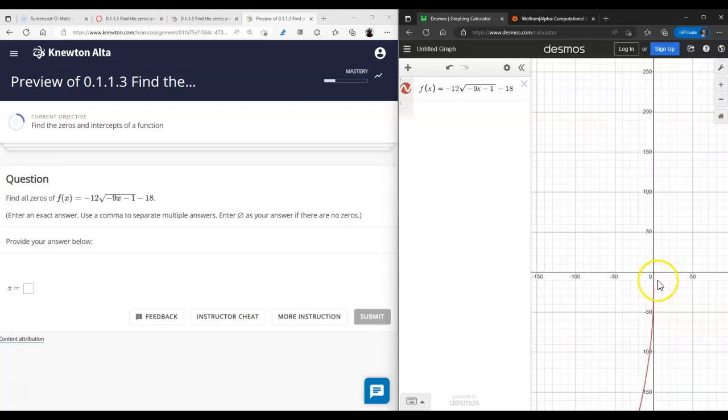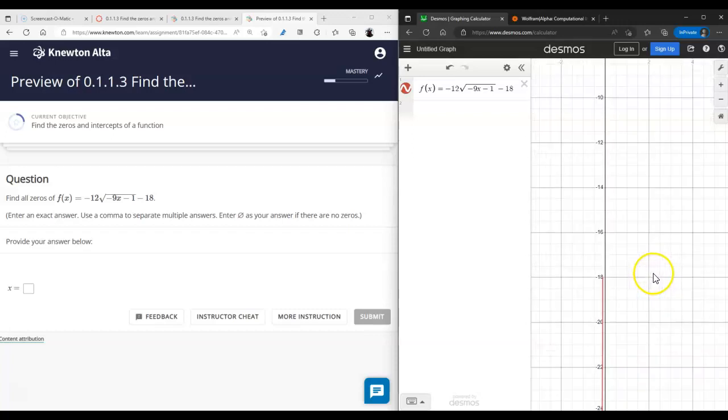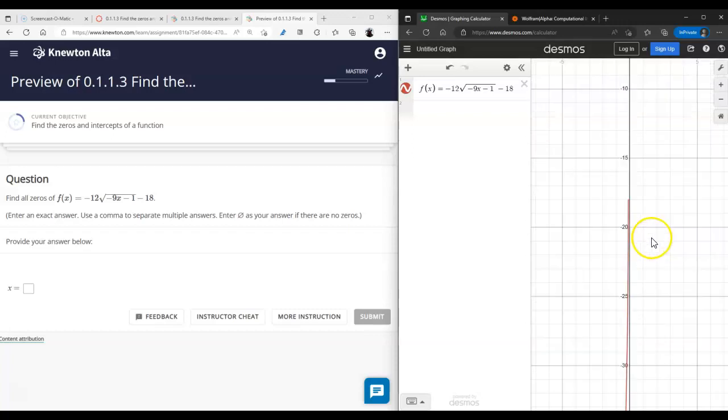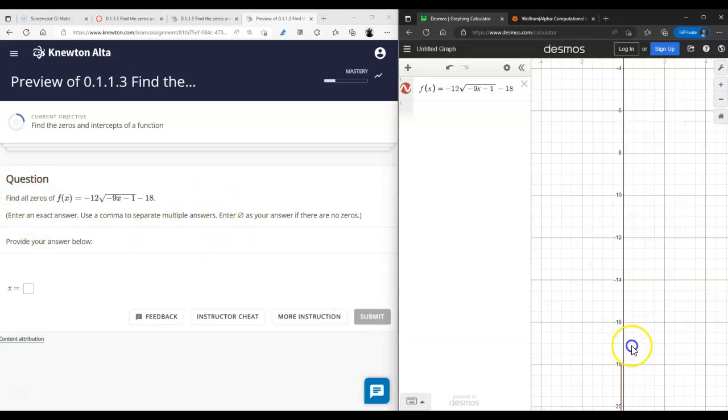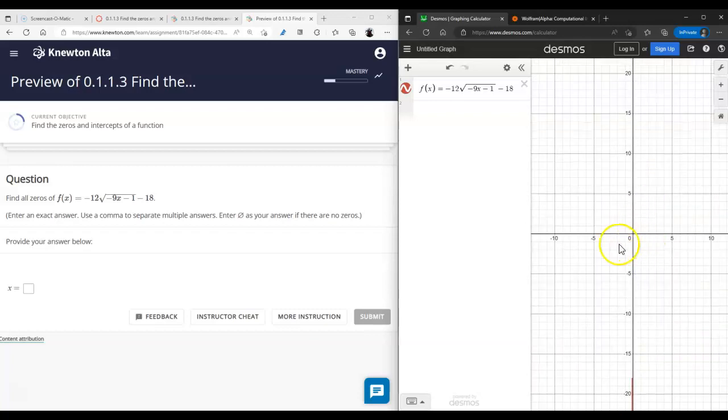But it seems like it never touches neither the x nor the y-axis. So if the question is find all the zeros of this function, we can clearly see that this function doesn't have any zeros visually. However, looking at the equation of this function, you don't know right away whether it does or does not have zeros.